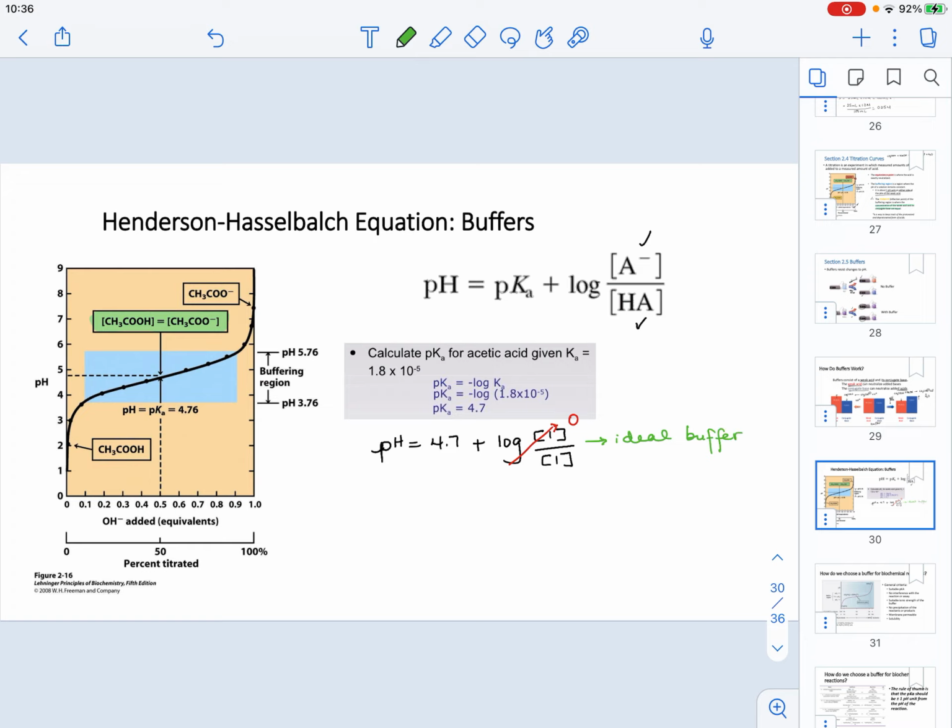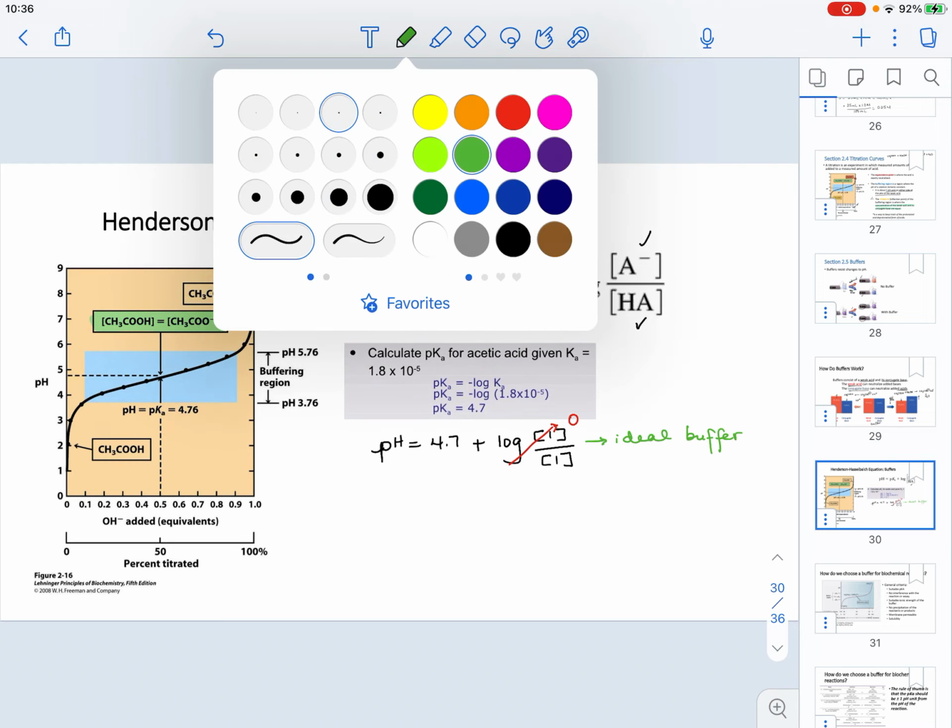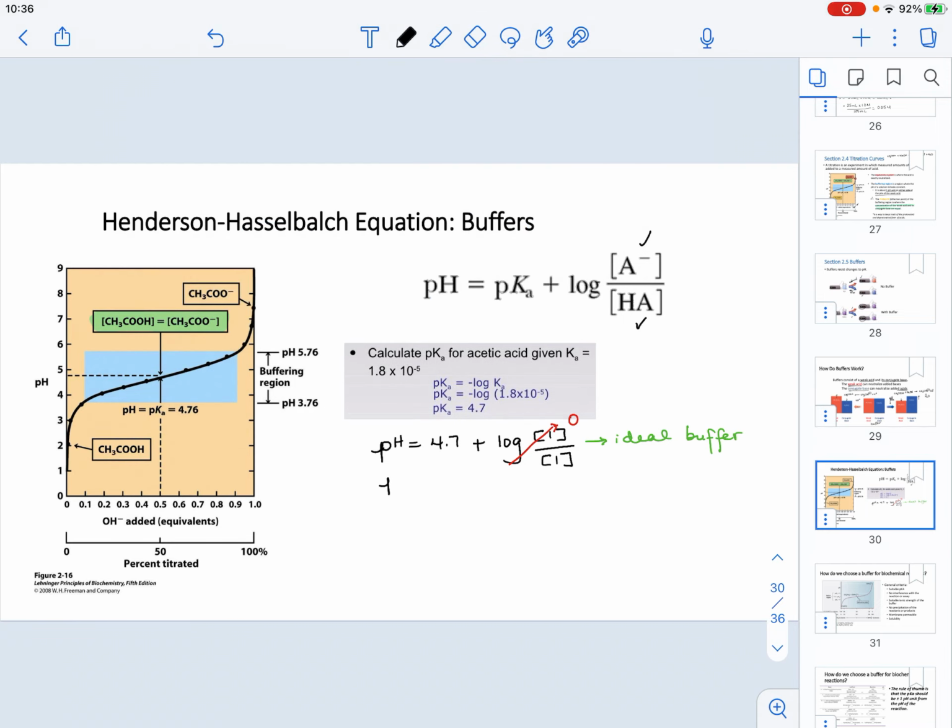At this pH, in this case, the pH equals 4.7, which is going to equal the pKa for our acid.